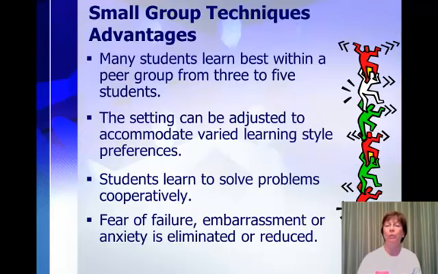And again, the number would be from 3 to 5, and you really don't want more than 5 because the exchange of communication and ideas, once you have more than 5 people, starts to get out of hand. And you want all the students in your group to participate. You don't want anybody to fall into the background and just ride on the work of the rest of the group. The setting can be adjusted to accommodate varied learning style preferences.